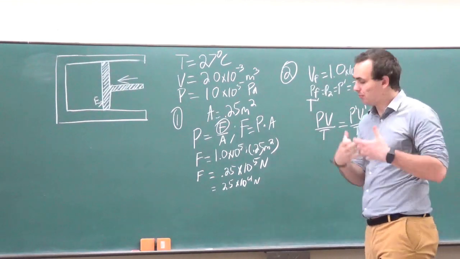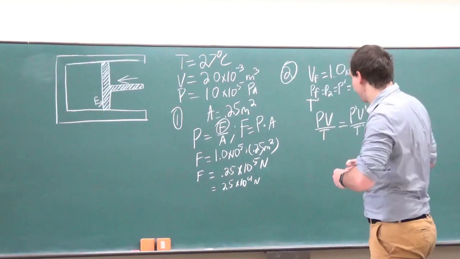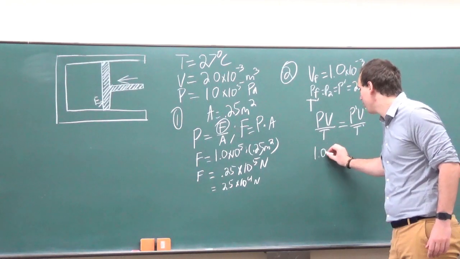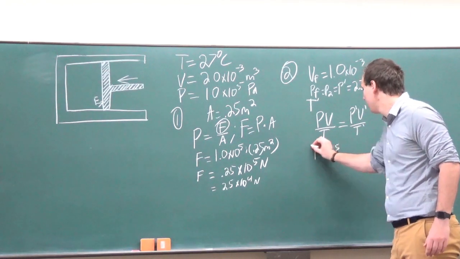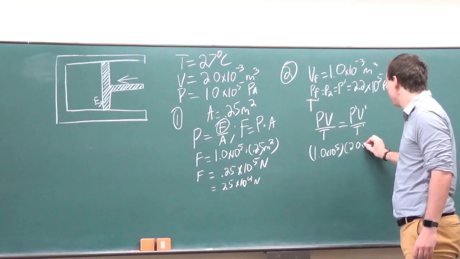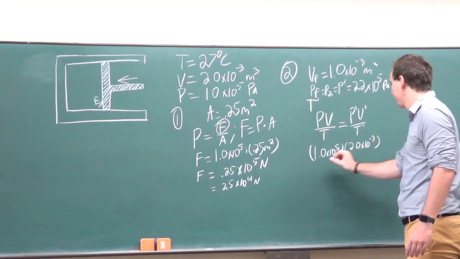All we have to do now is put in our values. So our original pressure was 1.0 times 10 to the fifth. Our original volume is 2.0 times 10 to the negative third.